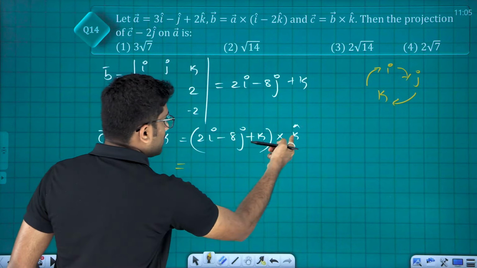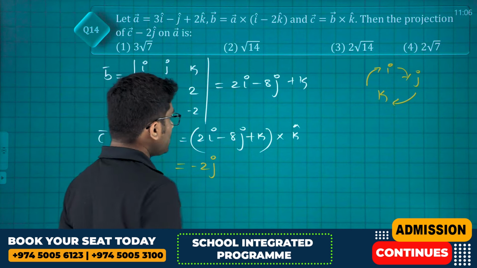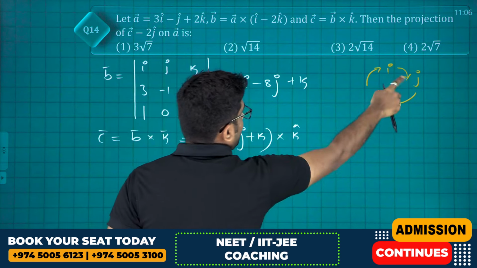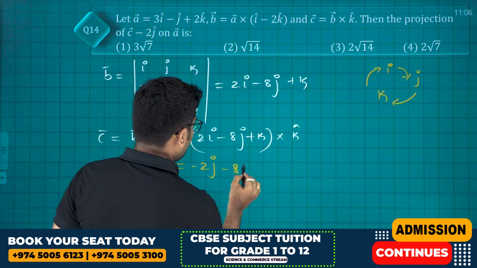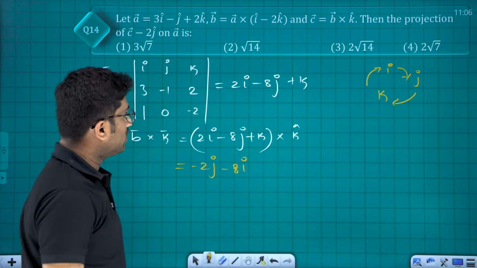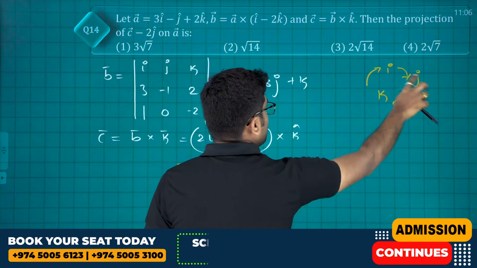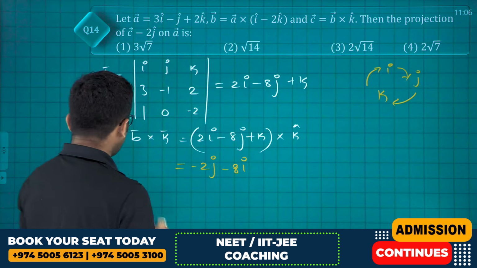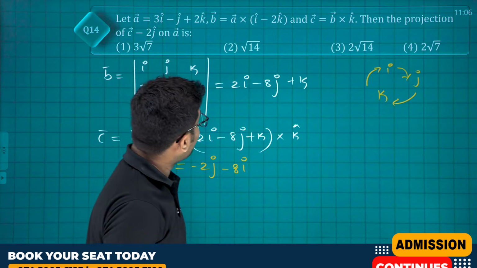So i cross k is minus j, so minus 2j. Next, j cross k is i, so minus 8i. So C bar is equal to minus 2j minus 8i, friends.